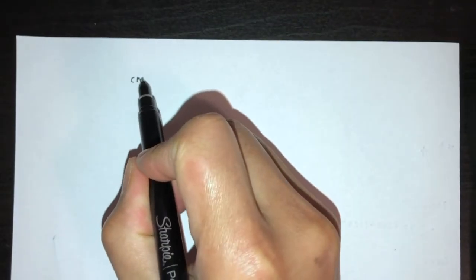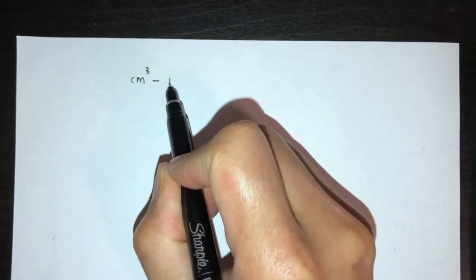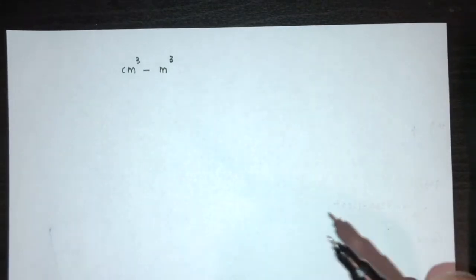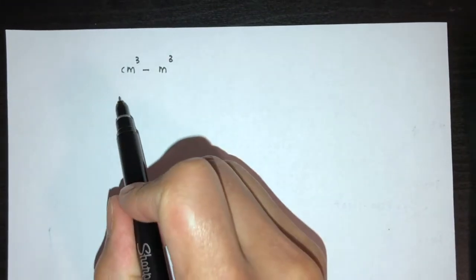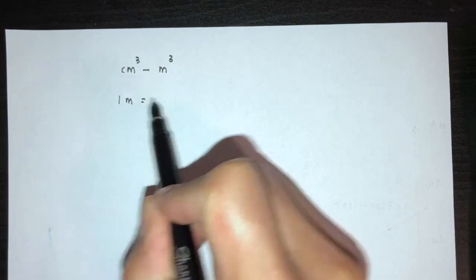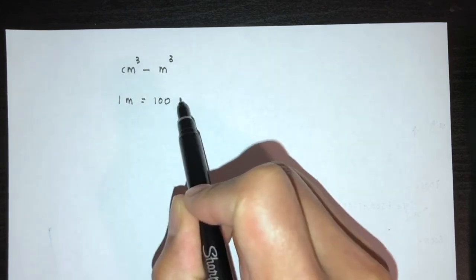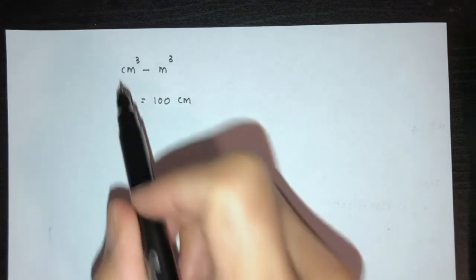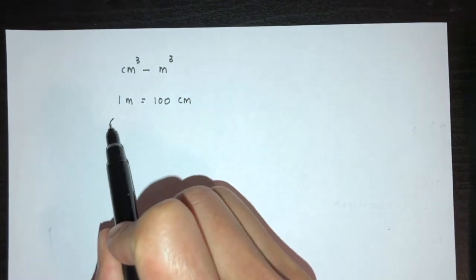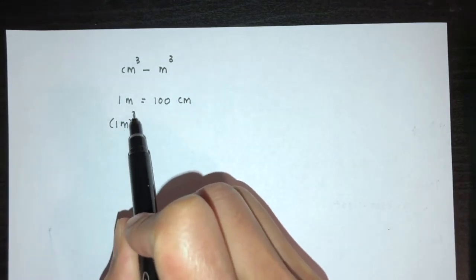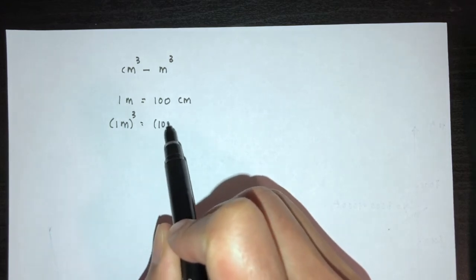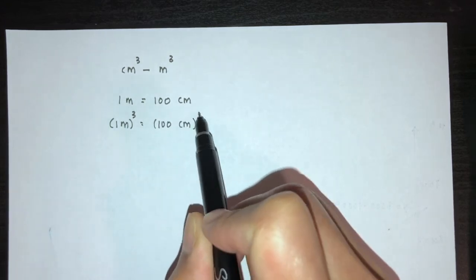So for example, I want to convert centimeter cube to meters cube. So let's do this step by step. So what do I know about these two? So I know that 1 meter is equal to 100 centimeters. Now to make this become cube, we have to apply cube on both sides, right? So that's how we convert both sides to cube.